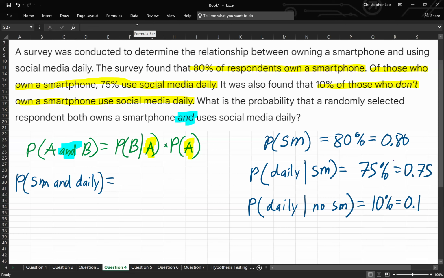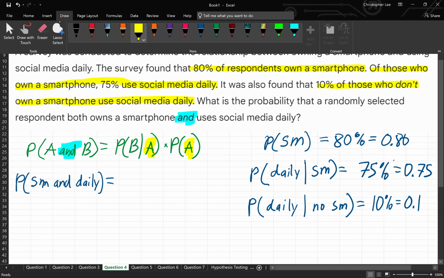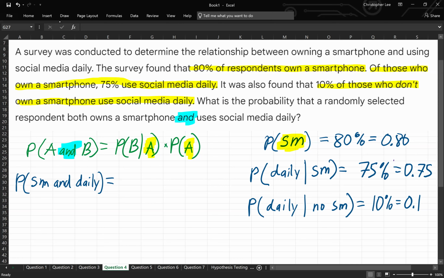So now I have two conditional probabilities here. I have daily given smartphone and I have daily given no smartphone, right? But do I know the probability of no smartphone? No. I know what the probability of smartphone is, which is the one that's standing by itself.